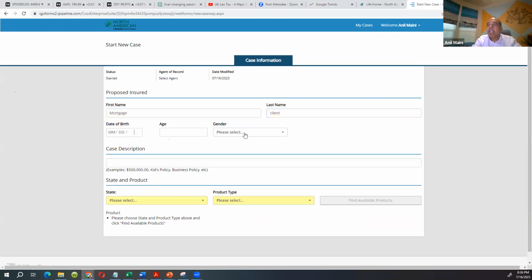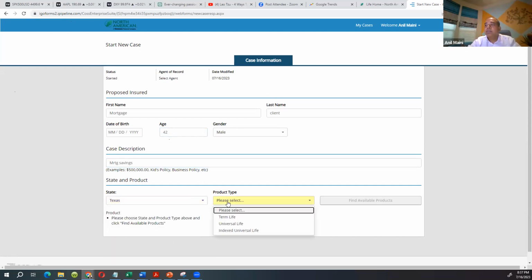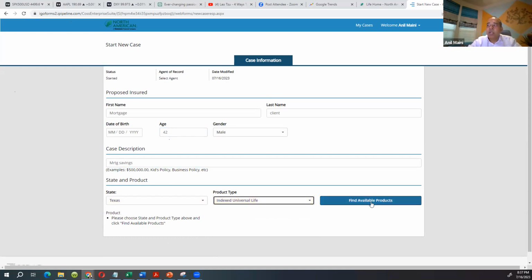And we will give the age, typically let's say 42 years old. Okay, male. We will choose the state Texas and IUL, find product.